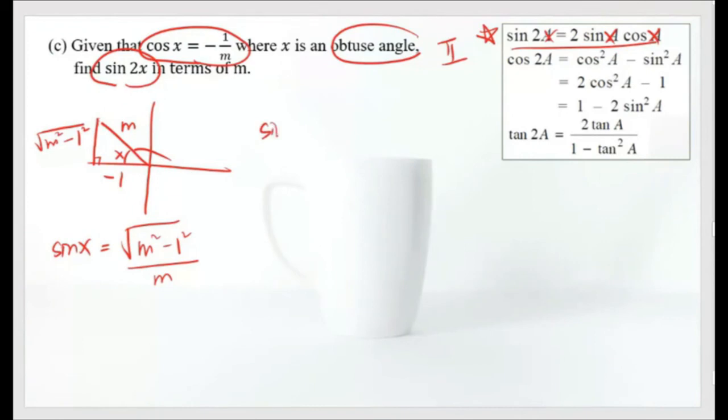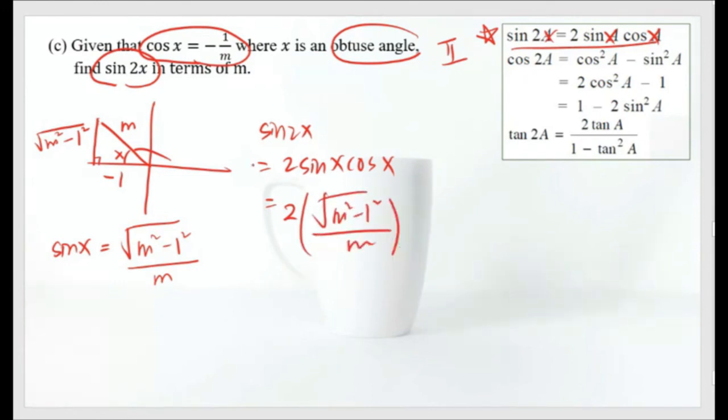So sine 2x equals 2 sine x cos x. So again, substitute the value inside. 2 sine x. Sine x is this one, square root of m square minus 1 over m. Then cos x, negative 1 over m. So get your answer.